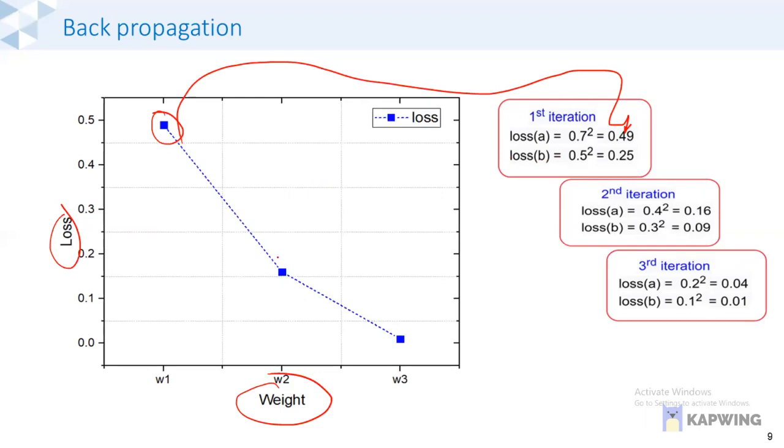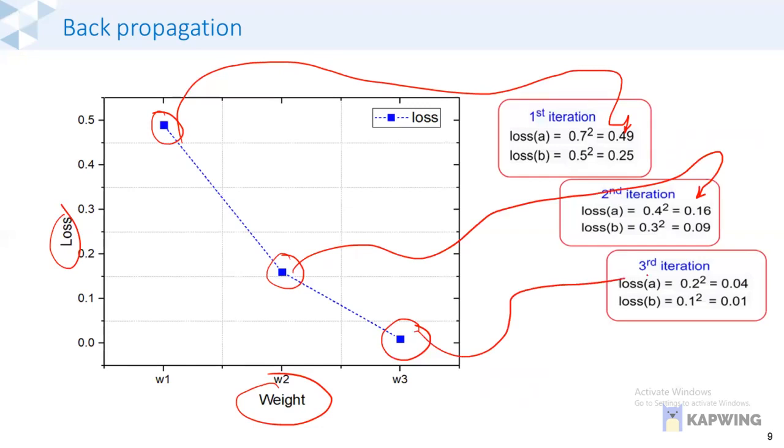After that, when I applied forward propagation, I can see that my error has been reduced further. After further fine-tuning the weights in back propagation and then applying forward propagation, the error has been significantly reduced. And clearly, we can see from the graph that there is a relationship between loss and weight.